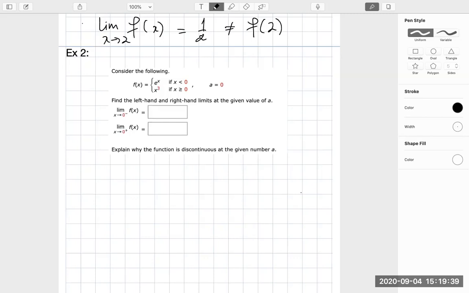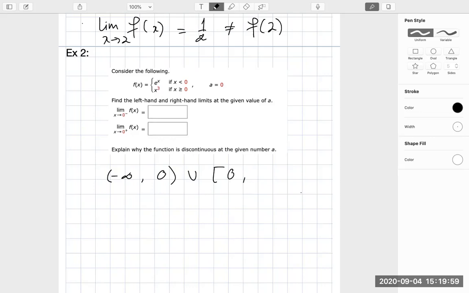We see that these two functions are continuous on negative infinity to 0, the domain of this.